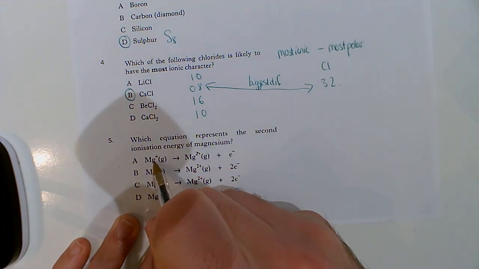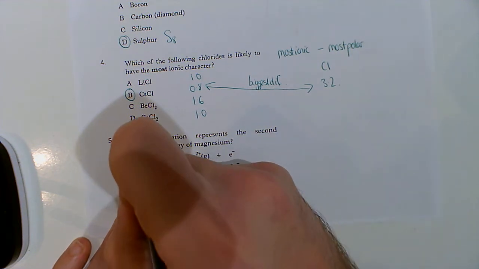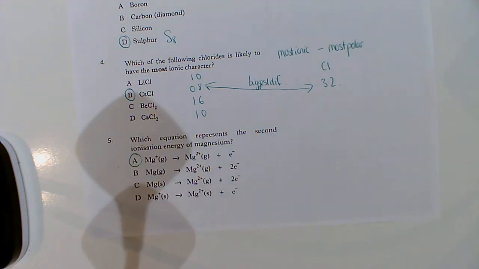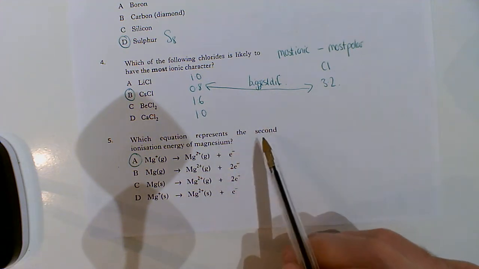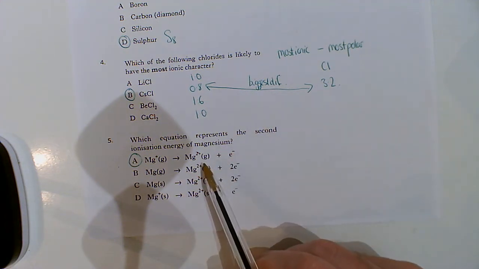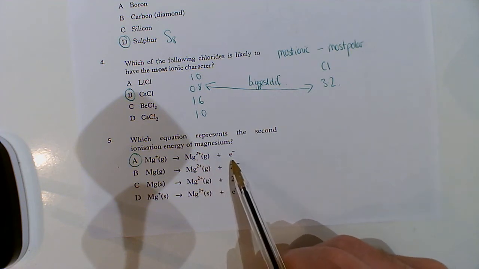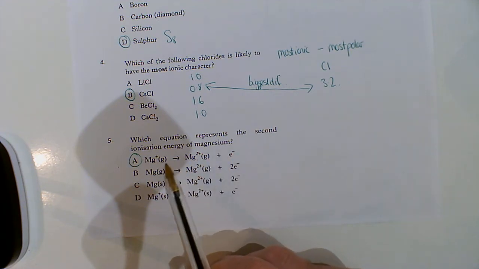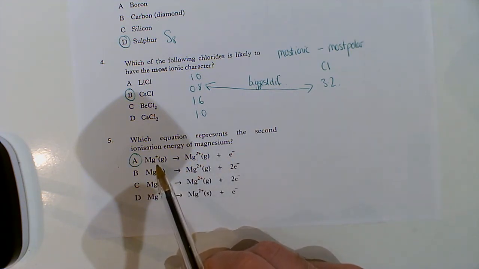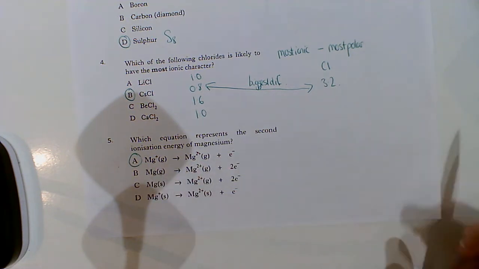And it goes from plus to 2 plus with 1 electron, everything gaseous. So A is our second ionization energy. Remember, whatever number ionization energy it is, that's the charge it ends up with, and you're only losing 1 electron, so you have to start with only 1 charge less. So if you're going to 2 plus, you need to start with plus. Right, moving on to the next question.